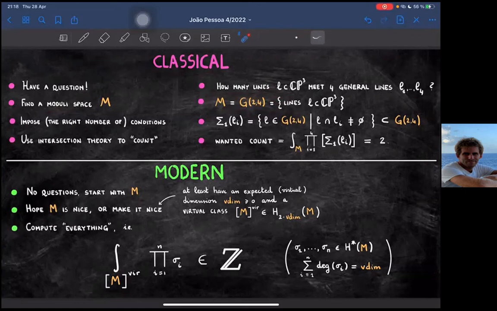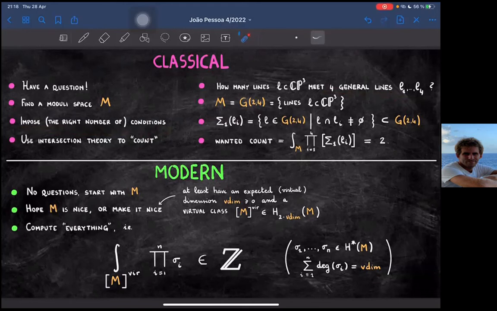And then you look back to your question and you say, okay, what is my question asking? So what are the conditions I have to impose? And in this example, the conditions I have to impose on the full set of lines is they have to meet 4 general lines.